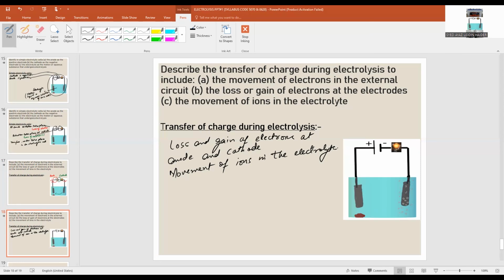Electrochemical cells are used usually as batteries, while electrolytic cells are used for electroplating metals.